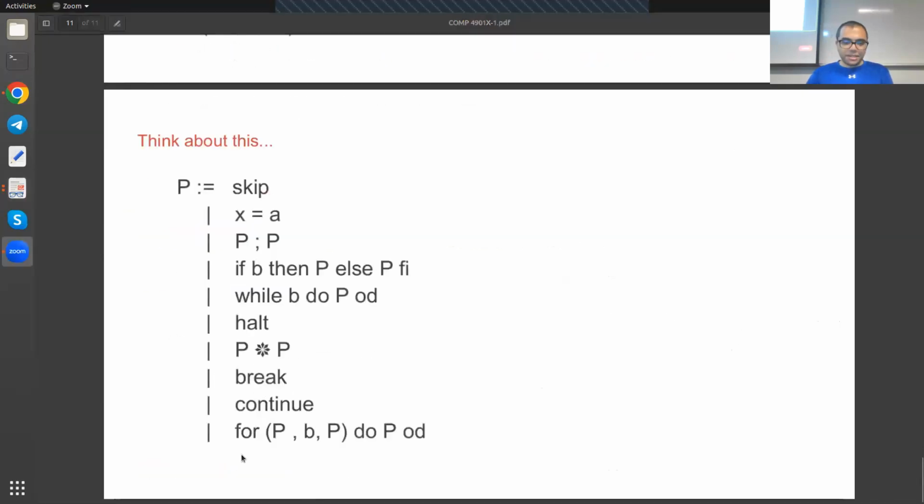A much easier kind of exercise that you can think about is what happens if, other than the while loop, I also have a for loop. So this one is actually much easier to do. Now, why is this easy to handle? Imagine that I don't have the break and continue. Imagine that I have all the things that I have right now, and I'm just adding a for loop.